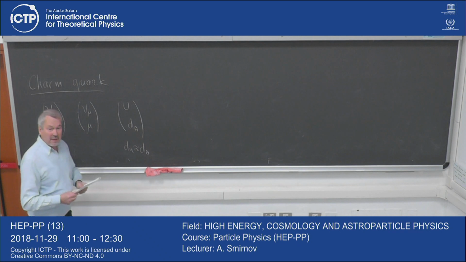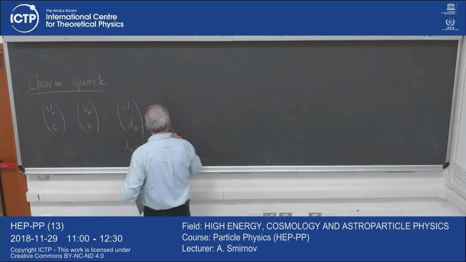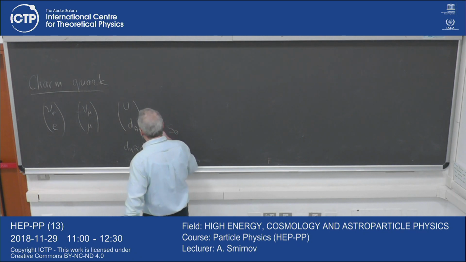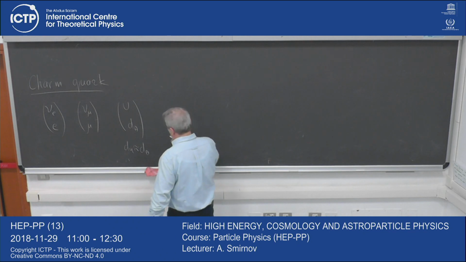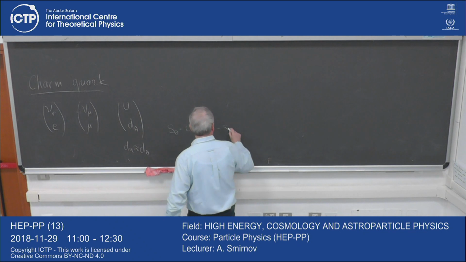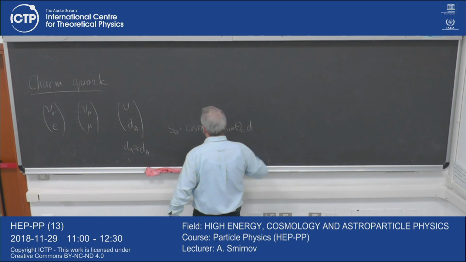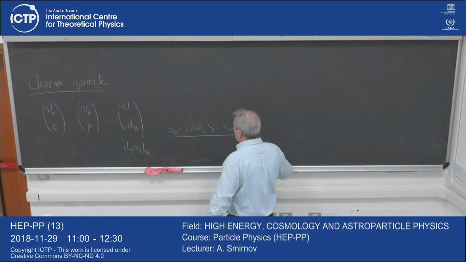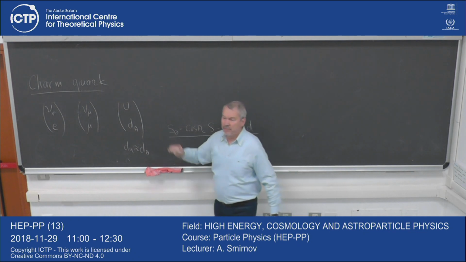Now the question is, and actually it was a question of the last lecture, we can have another combination of d and s quark, which is orthogonal to d theta, and it can be written as cosine theta Cabibbo s minus sine theta Cabibbo d quark. Which means that we have some other degrees of freedom which are not participating in interaction.